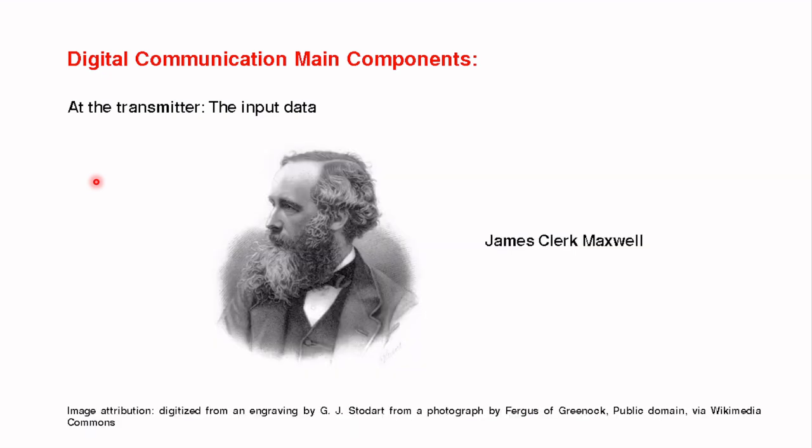This is also Maxwell. He also has a significant contribution to the field of electricity and magnetism, and also some other fields. So we will use the images of these two great people as input data for the transmitter part.